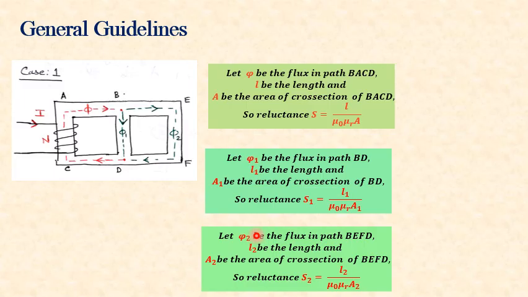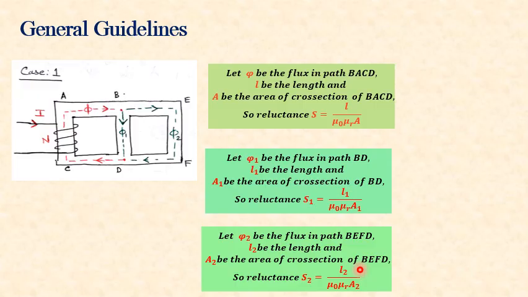And let phi 2 be the flux in path BEFD, L2 its length and A2 the area of cross section of BEFD. Then reluctance S2 of the path BEFD is given as S2 equals L2 by mu 0 mu r into A2.